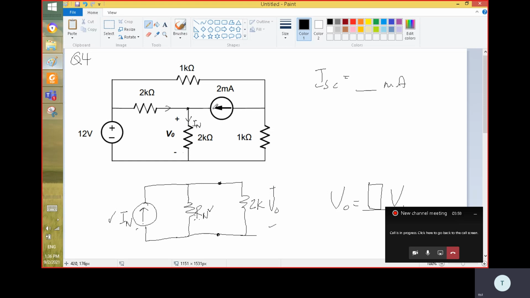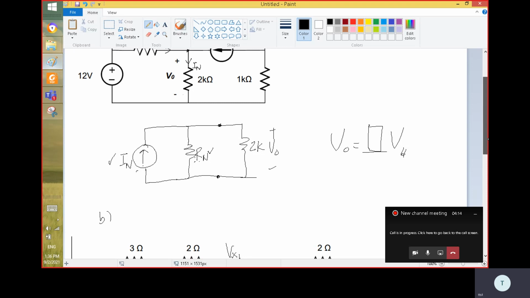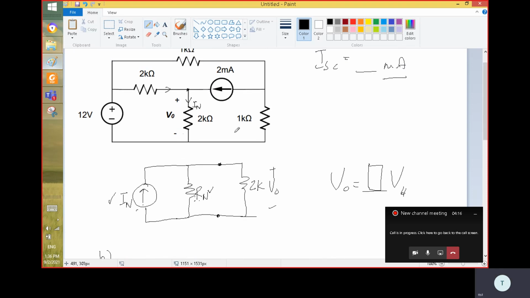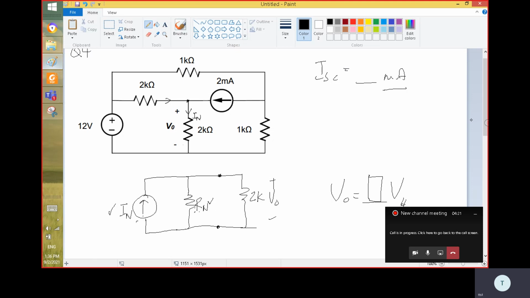You can see this current is going in, this current going in, and this current going out. So you try to do some circuit analysis with a few components here. You try to find this IN. If you can find the IN, then for the next circuit, you need to find the Norton resistance here.